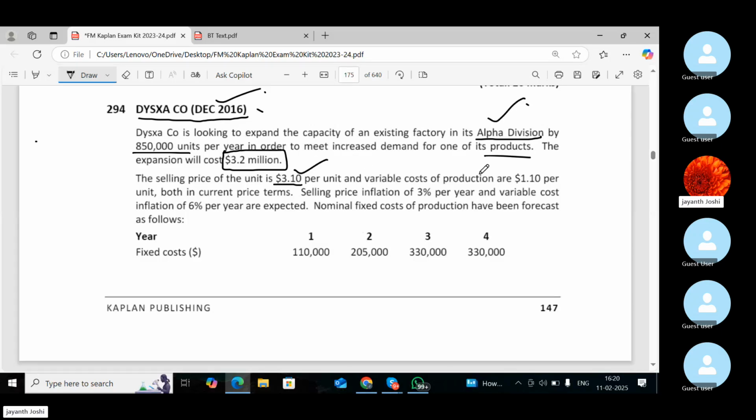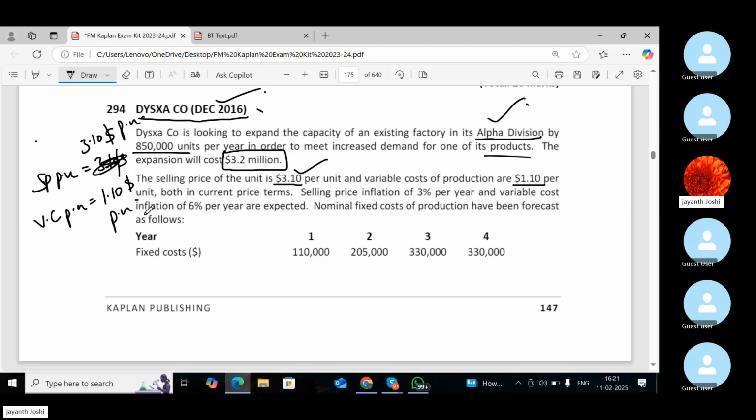And coming to the variable cost of production, it is going to be $1.10 per unit. So selling price per unit is $3.10 and variable cost per unit is $1.10 per unit.